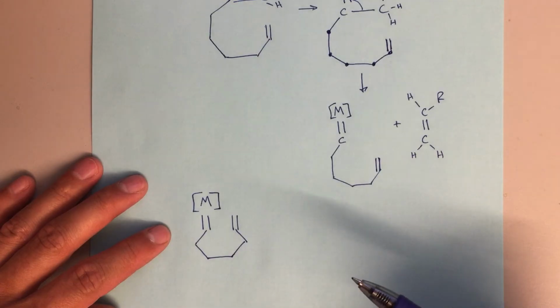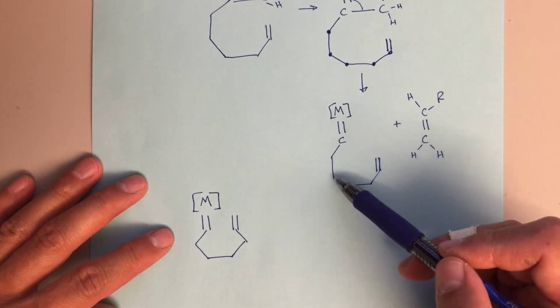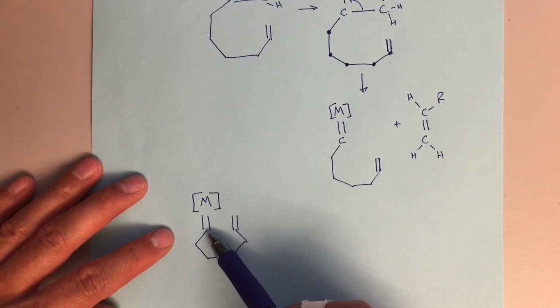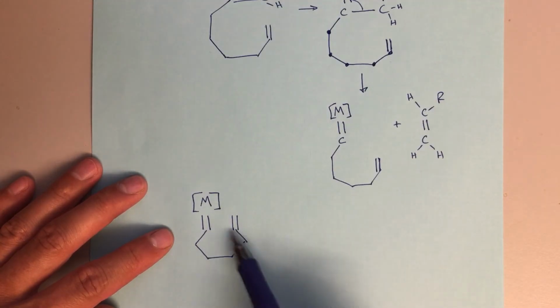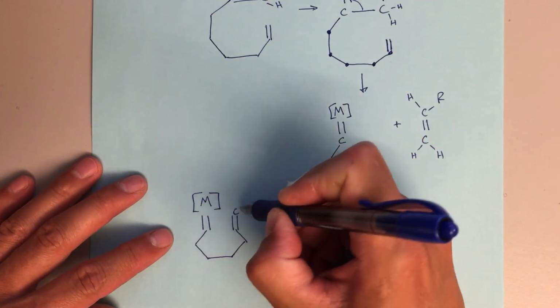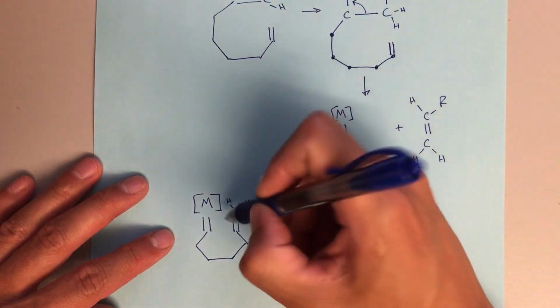Let's double check that we've got all of our carbons accounted for. Over here we've got 1, 2, 3, 4, 5, 6, 7. I've drawn it this way to line up those two olefins so that I can do this metathesis process again. I'm going to write in a carbon there and put in the hydrogens for clarity's sake.